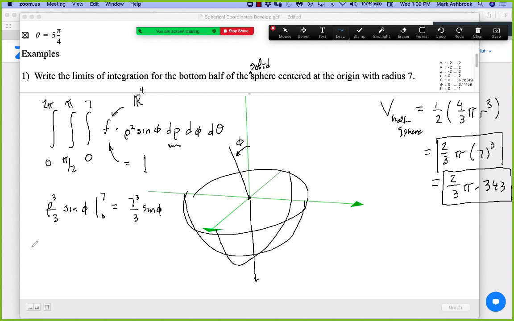And so now we're going to do the double integral of 7 cubed over 3 sine phi, and now we've got d phi.